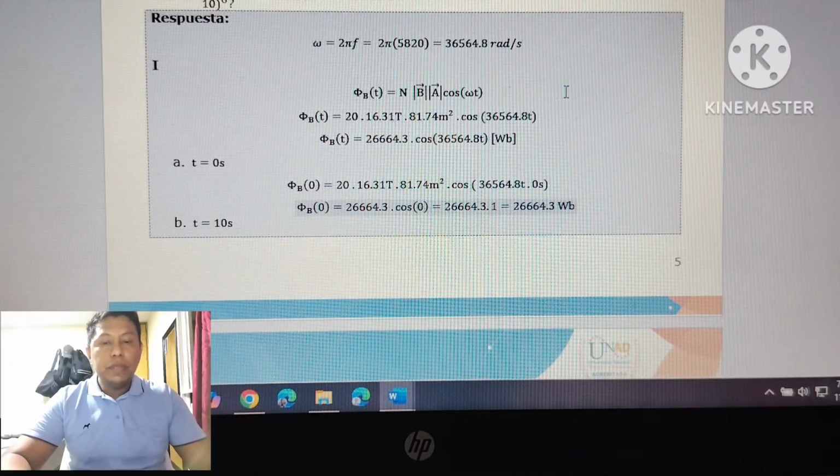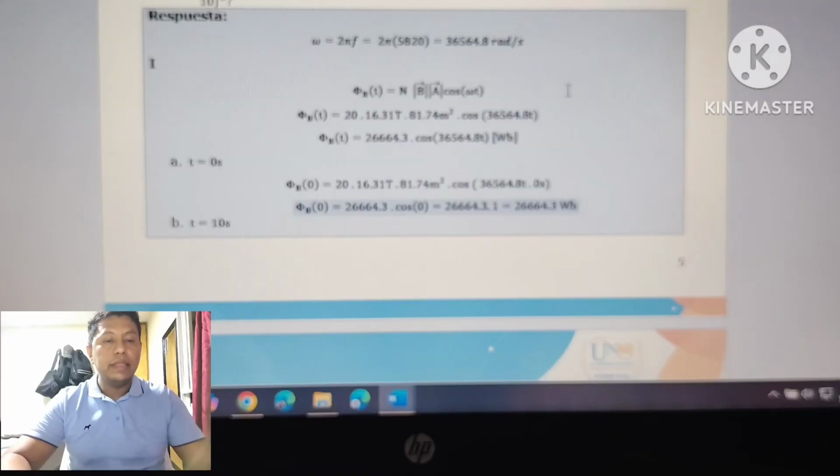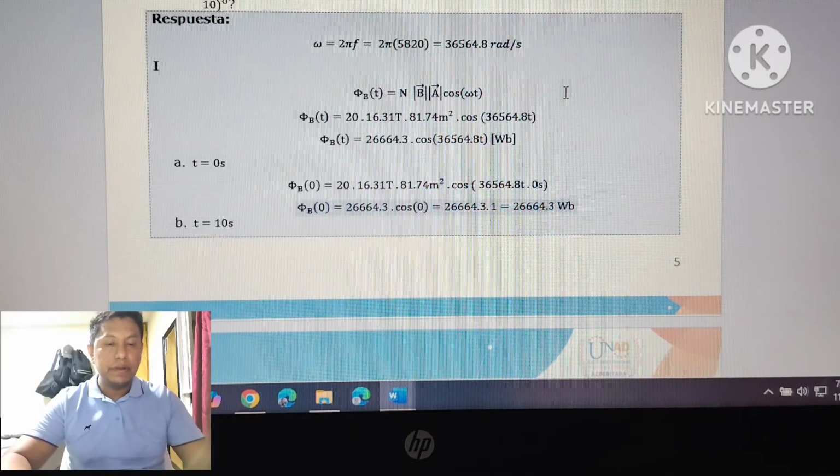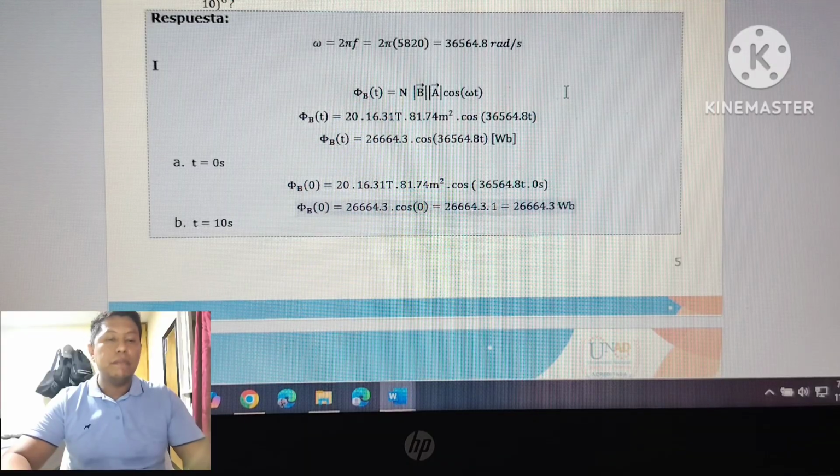Plugging the values into the flux formula, we multiply 20 times 16.31 Tesla times 81.74 square meters times the cosine of omega t, which gives 26,664.3 times the cosine of omega t.